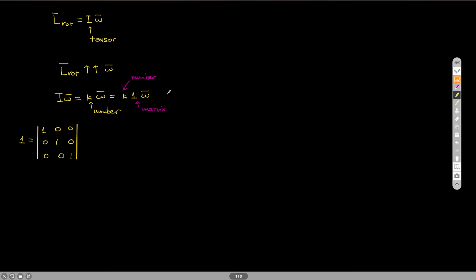Now I'm going to move everything to the left side, so it will be I times omega minus k times the unit matrix times omega equals 0, and then I will take out omega as a common factor. Sorry, this is 1. Now let's take a look at this. This is a 3x3 matrix. k is a number.